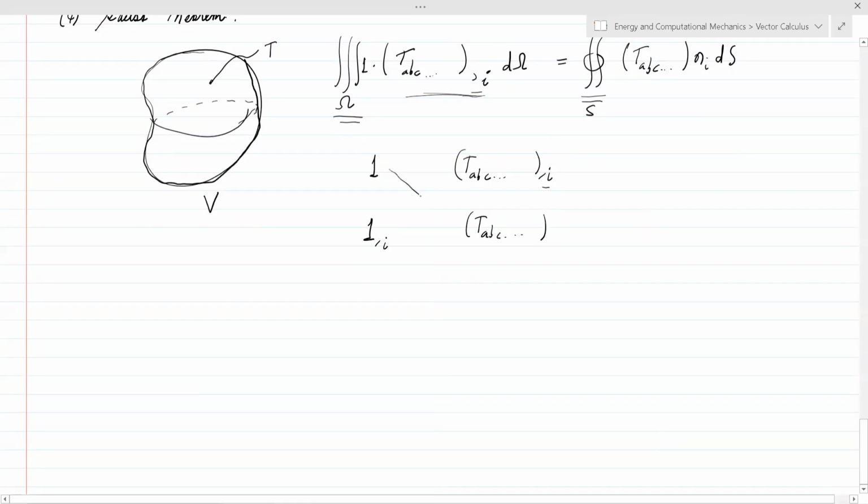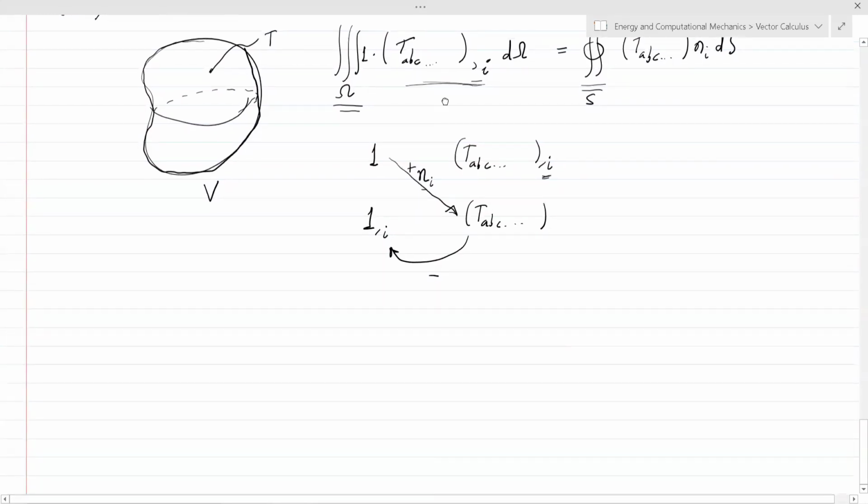And then the boundary term is n_i, whatever I remove I put here, plus, and then minus. This is how you're going to integrate by parts and learn how to do that. I don't want you to memorize this formula because we're going to do much more complicated calculations.